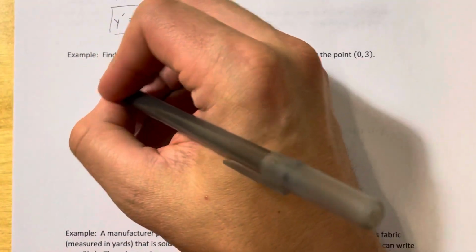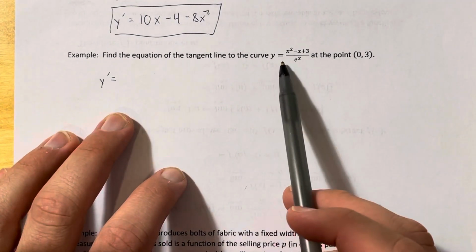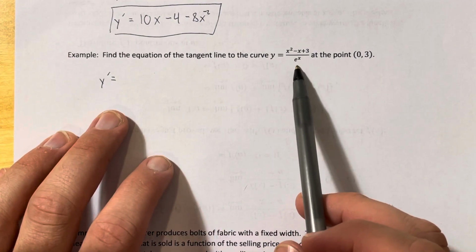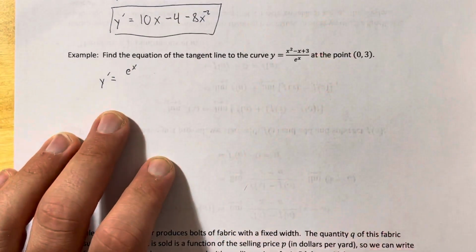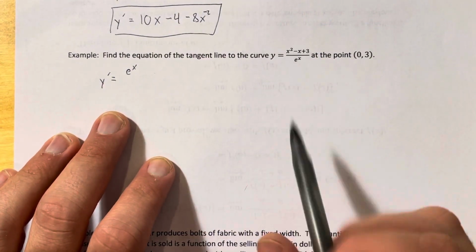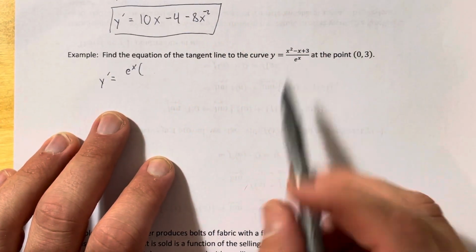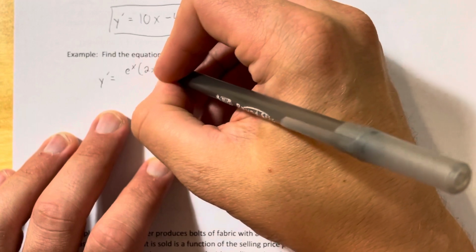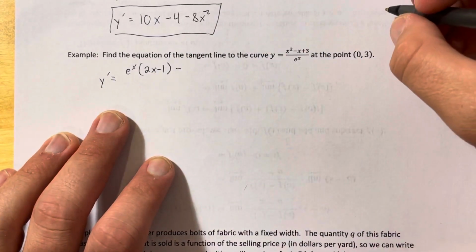Y prime is going to equal the v u prime, so v is e to the x, u prime, so that's the derivative of my numerator, which using my power rule would be 2x minus 1, minus v u prime.